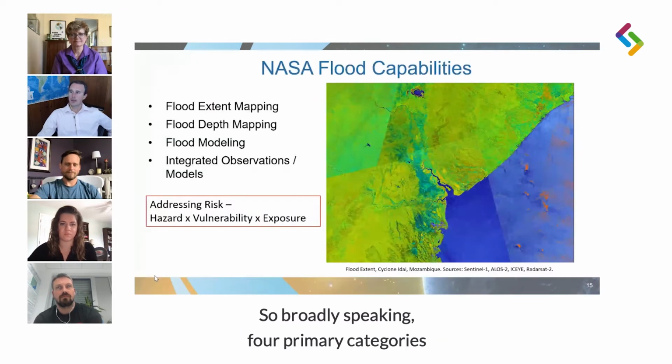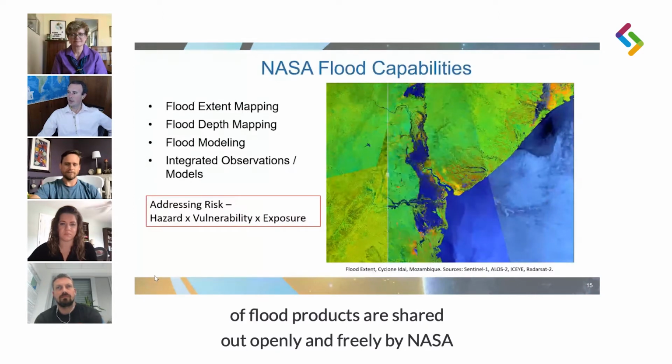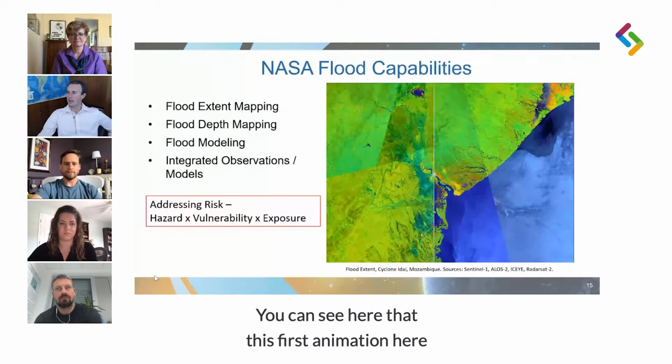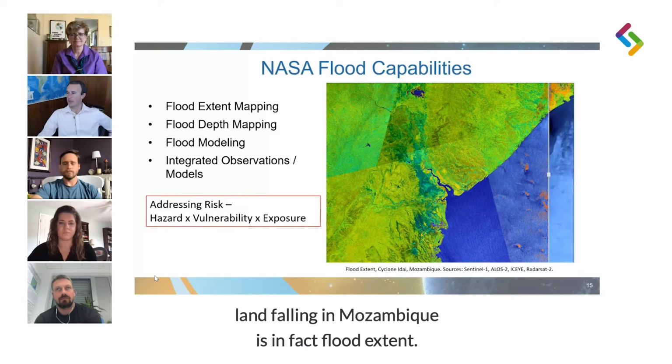So broadly speaking, 4 primary categories of flood products are shared out openly and freely by NASA with a wide variety of stakeholders. You can see here that this first animation, which is flood extent from Cyclone Idai landfalling in Mozambique, is in fact flood extent.